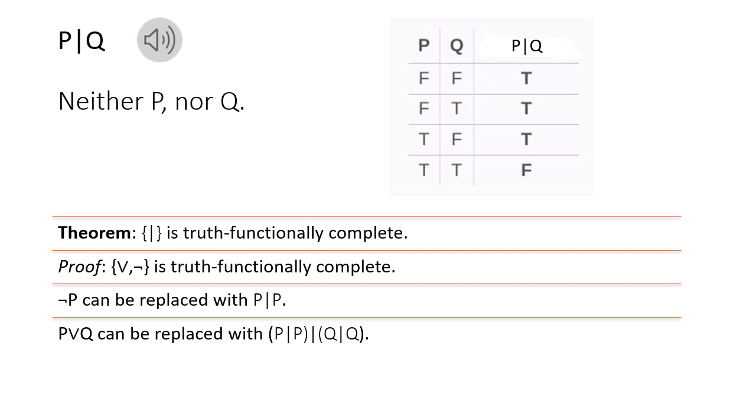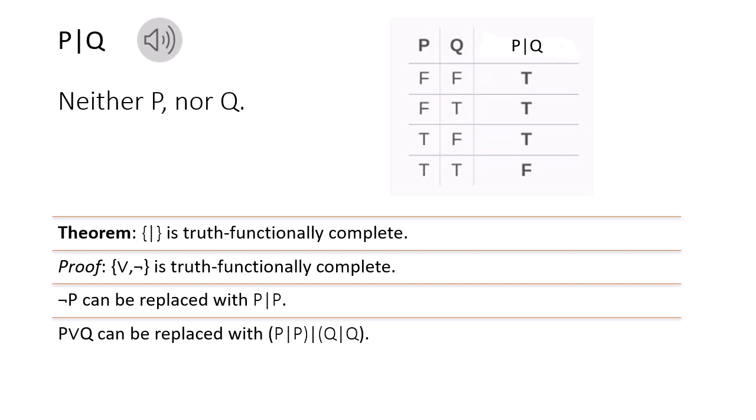And what I would like to prove for you is that this connective on its own is truth functionally complete. The proof relies on the fact that the disjunction and negation, that pair, is truth functionally complete on their own.